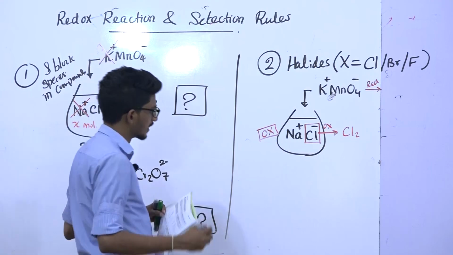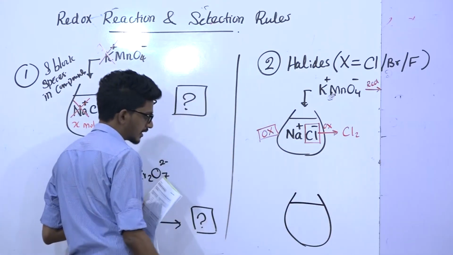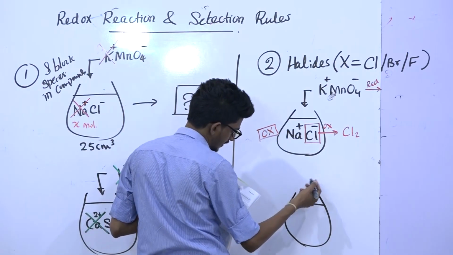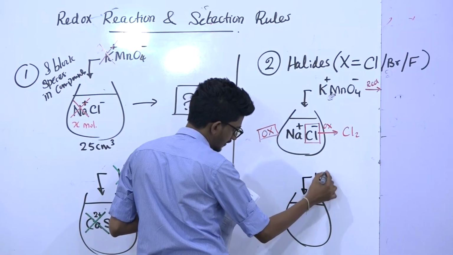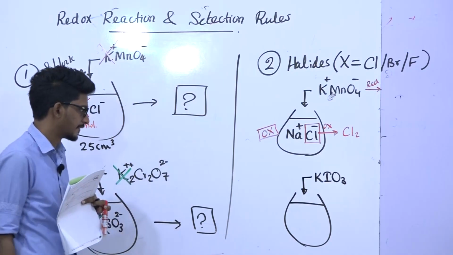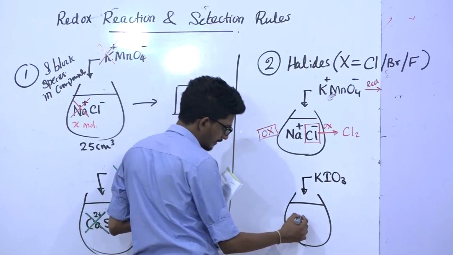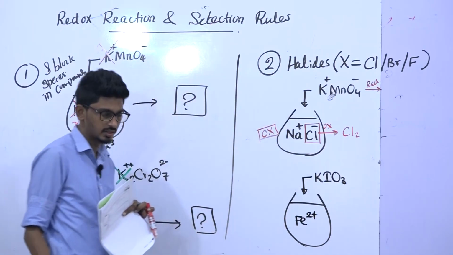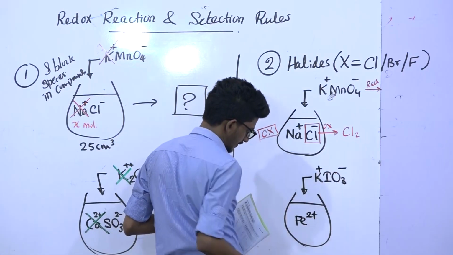Let us come up with another example. Let us say you are adding some KIO3 from the top, and here you have Fe2 plus. These are the ions K plus and IO3 minus.